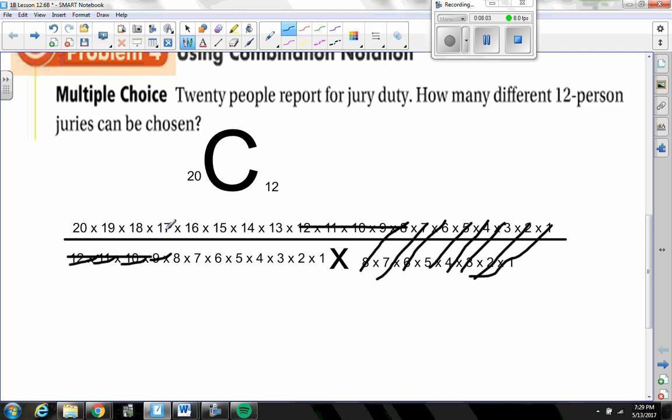20 times 19 times 18 times 17 times 16 times 15 times 14 times 13, all divided by 8 times 7 times 6 times 5 times 4 times 3 times 2 times 1. So if I do that all on my calculator, the top of my fraction ends up being this gigantic number, 5,079,110,400.